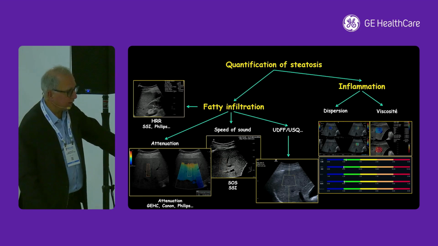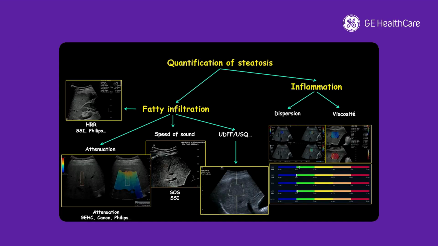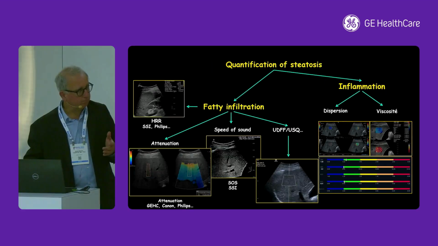But you also have attenuation measurements, and maybe in the future some techniques that will bring the fat fraction in the liver directly. And new interest is coming from quantification of inflammation.